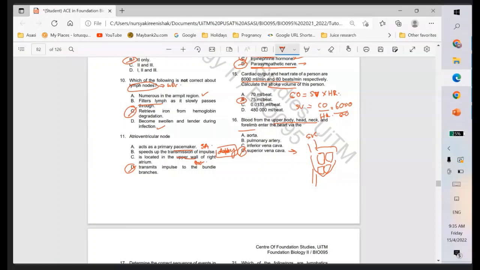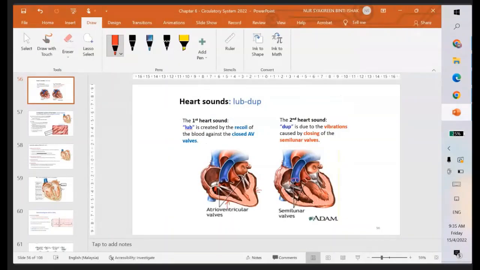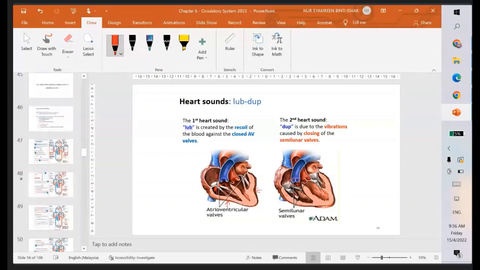Fakri? Okay, let me break it down further. To answer this question, you need to look at which part of your notes. Which slide can you refer to in order to understand this question?